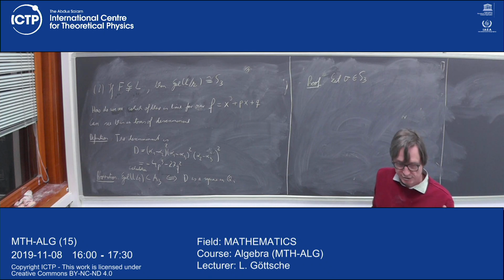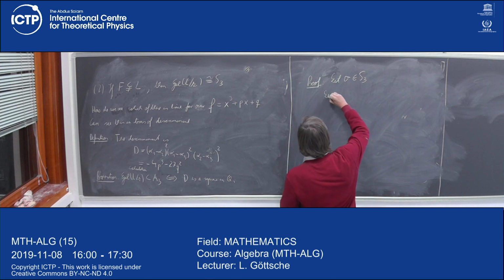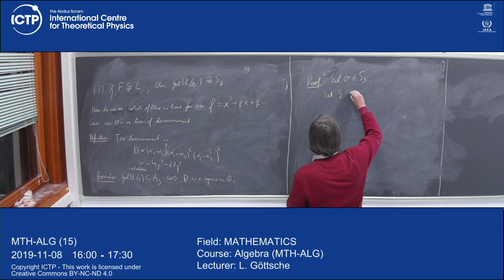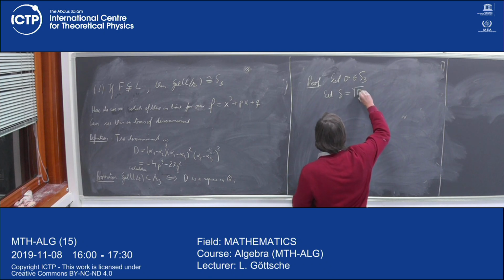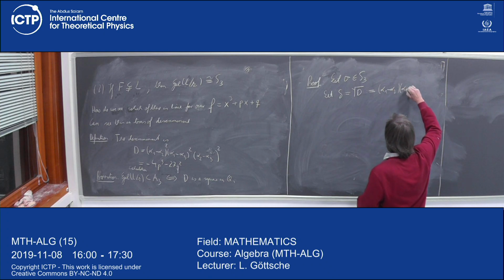The transposition 1, 2 will exchange alpha 1 and alpha 2 and so on. Then I can put delta to be one choice of the square root of D, which I just take to be the product of them without the square.